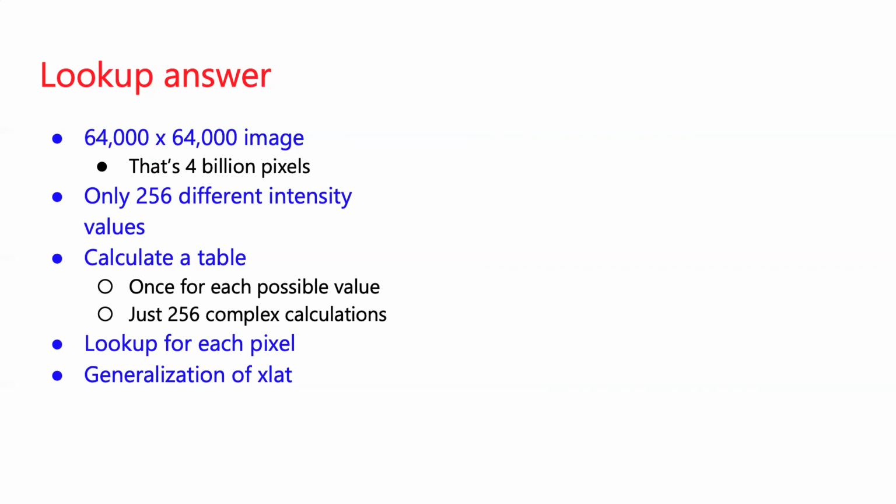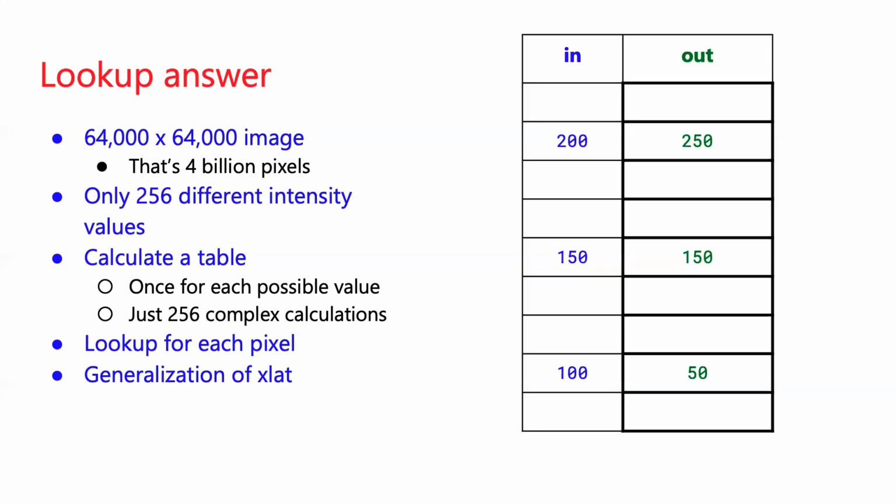So if we pre-computed how to rescale the contrast for every possible pixel value, we would only need 256 different values. And then for all 4 billion pixels in our giant image, we could just look that up in a table. So here, implementing table lookup could be a lot faster. We could build a table that had an entry for every original pixel value.